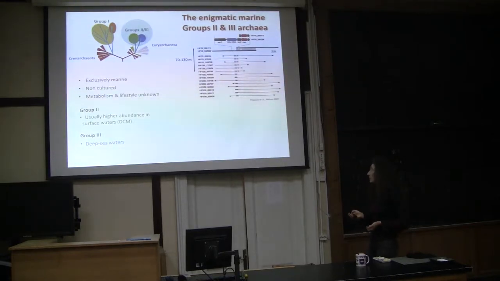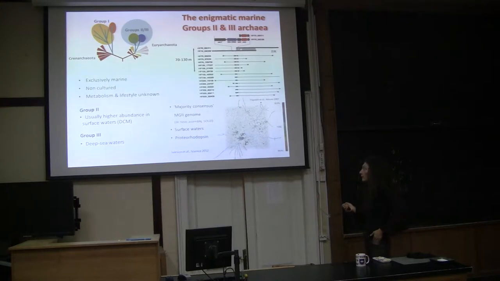So this suggested that these organisms, in the surface at least, might be photoheterotrophic, gaining an extra energy by light activation of this protein encoded by this gene. And this was further confirmed by the first consensus genome obtained from metagenomic sequences, in this case massive genomic sequencing, obtained from surface waters by Iverson and co-workers.